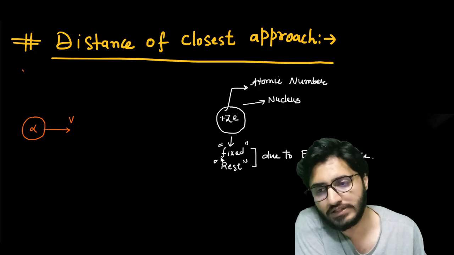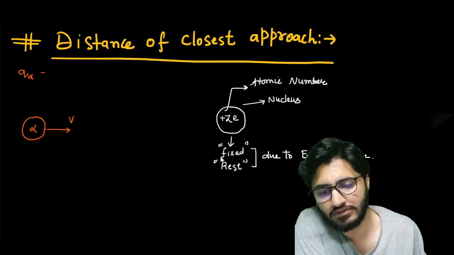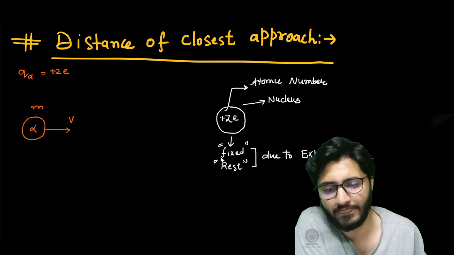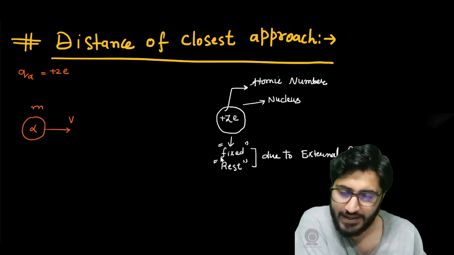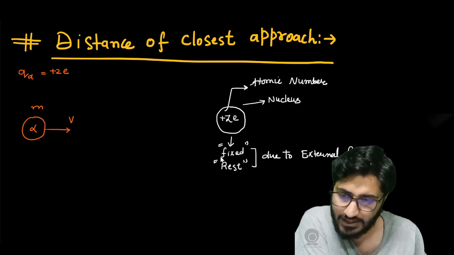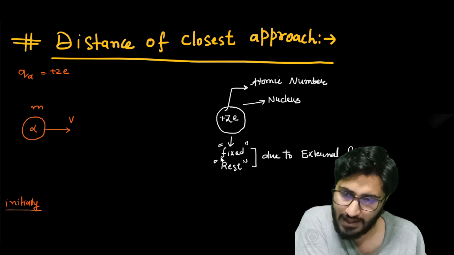So the charge of the alpha particle is 2 times the electron charge, with mass m.